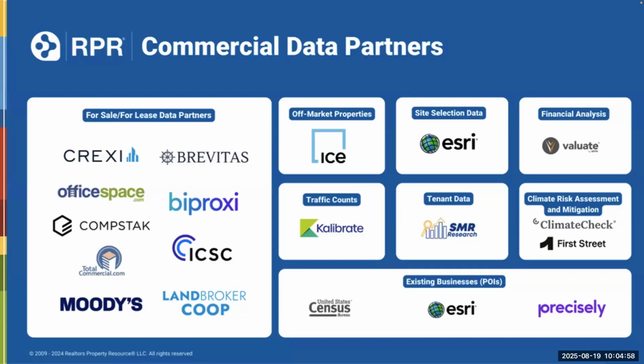And then our public record information comes from our data aggregator, ICE, and then our site selection is powered by Esri. And you'll see that we have layers of information, which includes points and places of interest, traffic counts, tenant data, environmental risk reports, as well as financial analyses. So those are all of the things that you can have access to within RPR.